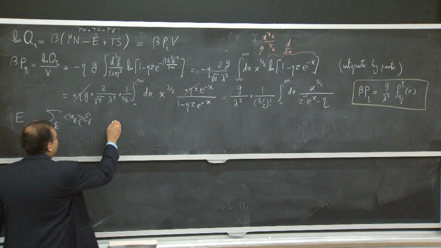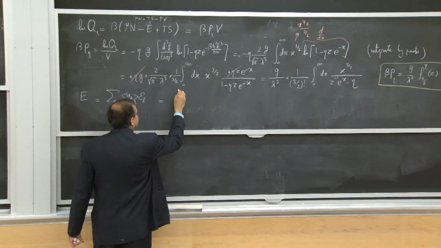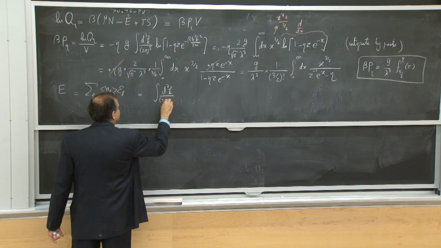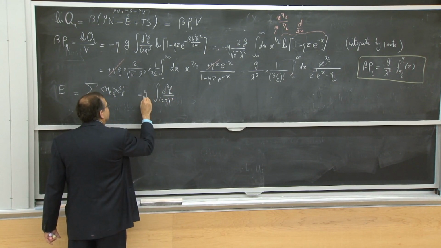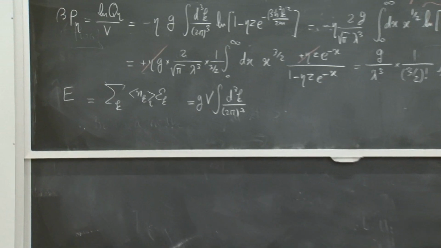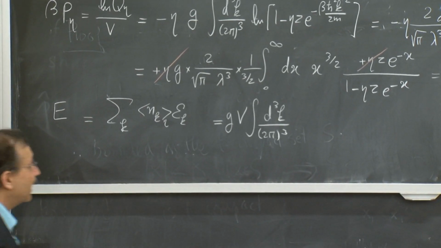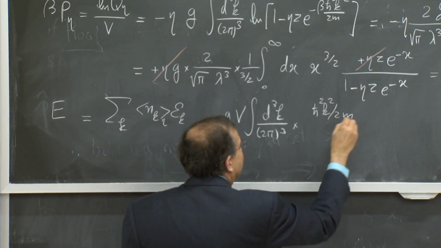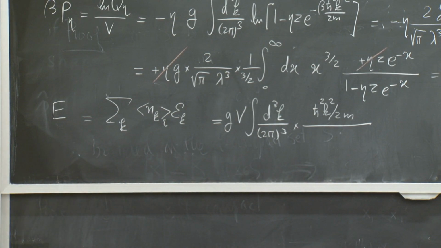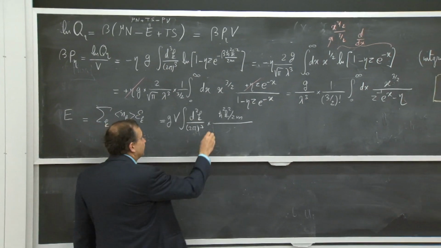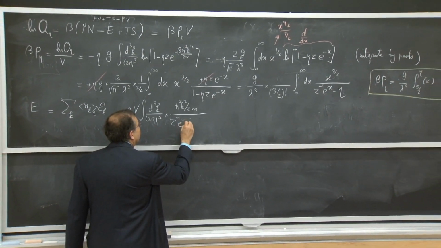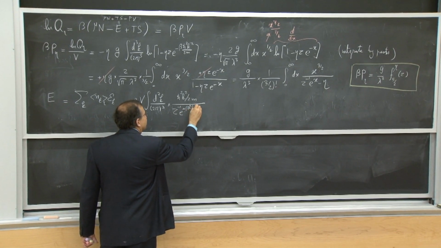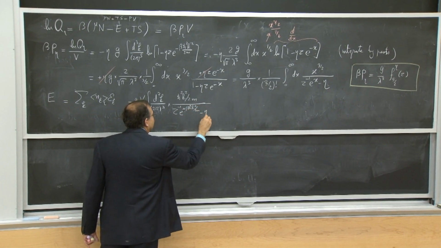And what I will have is that this will go over to an integral over k divided by 2 pi cubed multiplied by g and multiplied by v. I have epsilon of k, which is h bar squared k squared over 2m. The expectation value of n, which is z inverse e to the plus beta h bar squared k squared over 2m minus eta.